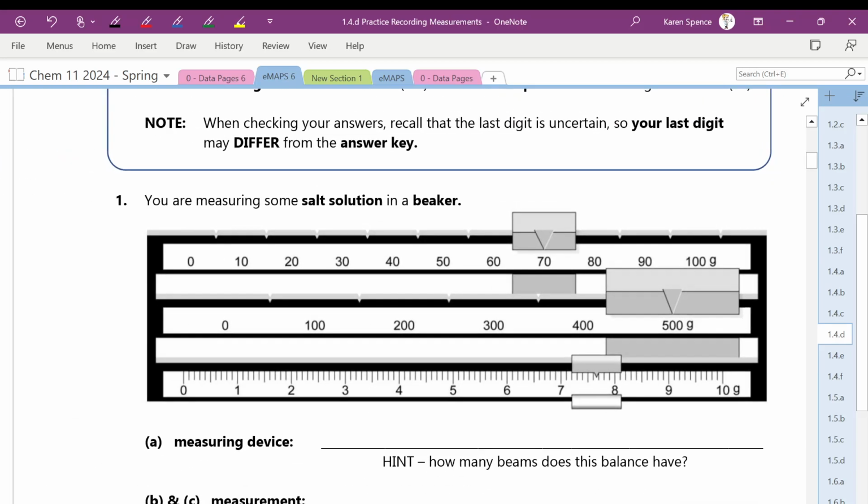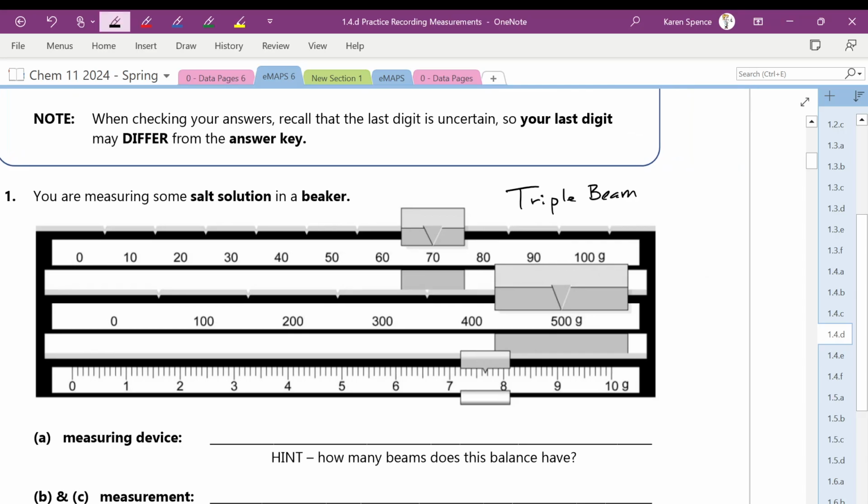Now this thing here is a triple beam balance. Now you may be familiar with these. You guys remember using these in the junior grades? Okay, we'll be practicing again with them tomorrow so you can remind yourself. This is actually a quad beam balance.